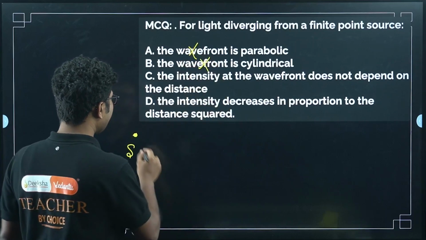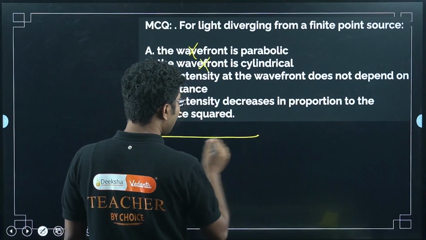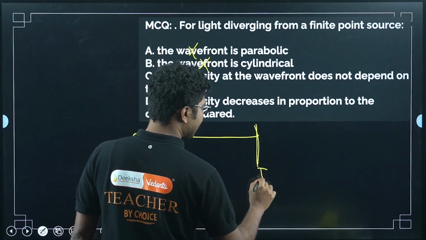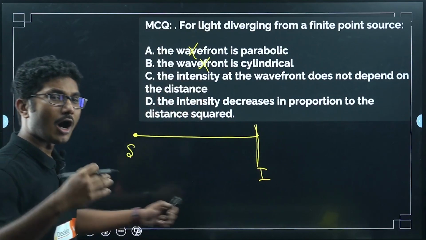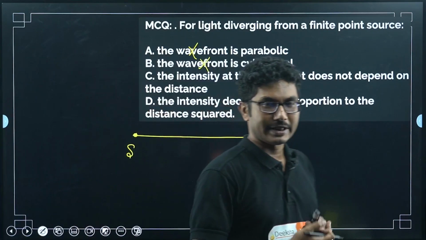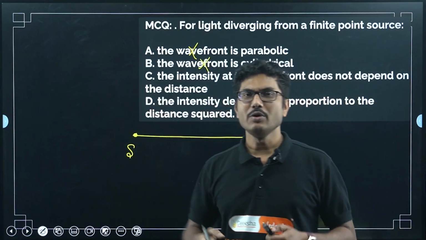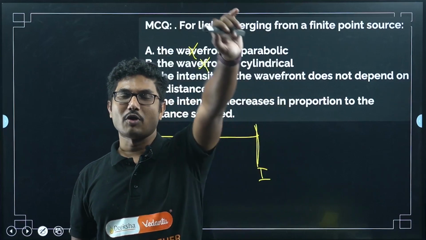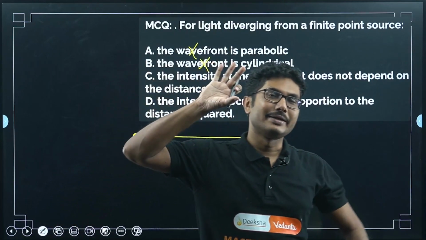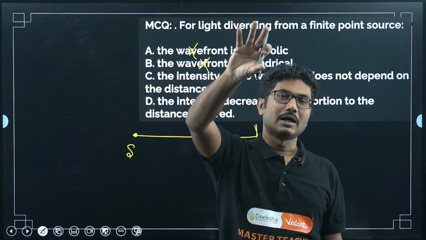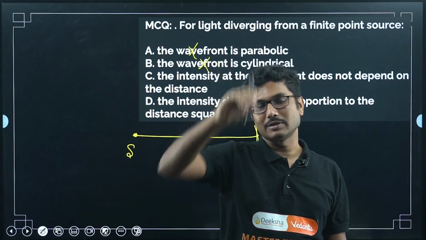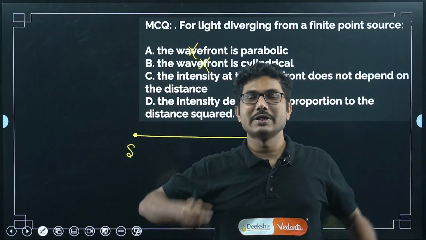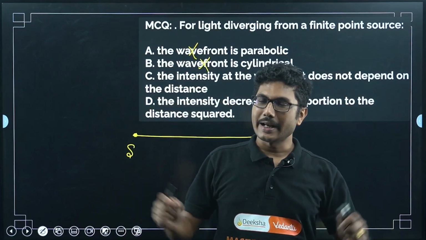Now, what about intensity? As you are moving from the source and trying to find the intensity at a point, intensity means how bright the light is at that point. For example, if you see a light from a very long distance, it appears dim. You can just see it, and you say there is something there. But as you go closer, you see there is a house, there is a light, and so on.